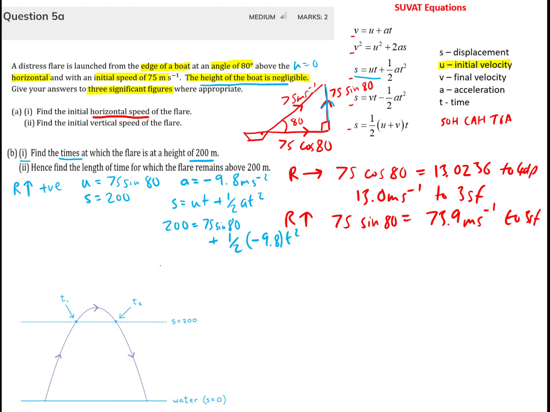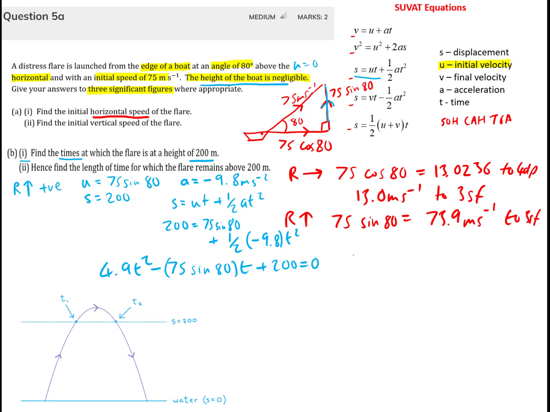Now we want to expand that all out and bring it onto one side to solve. So this would leave us with 4.9 t squared minus 75 sine 80 times t plus 200 equals 0.